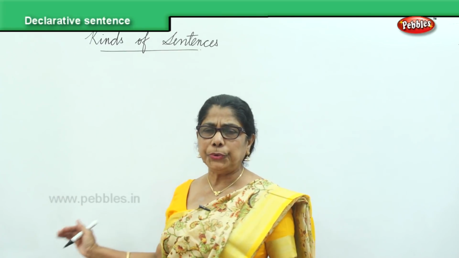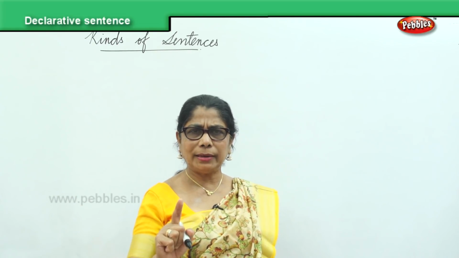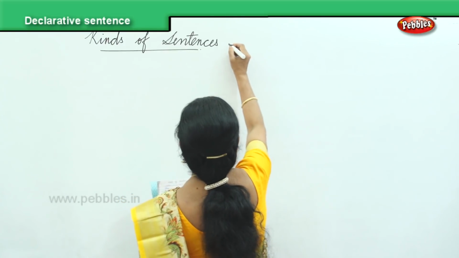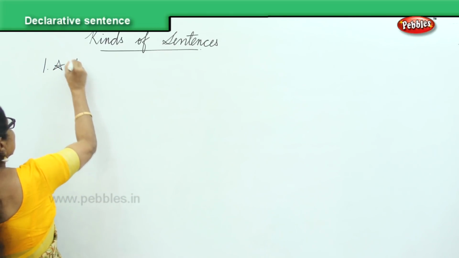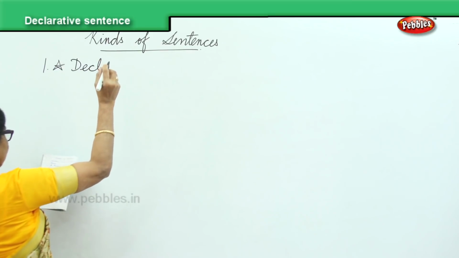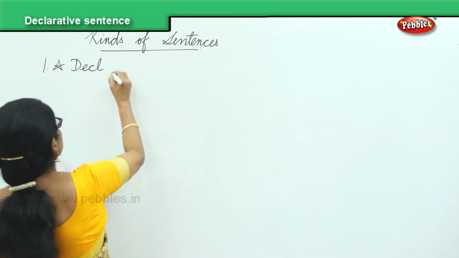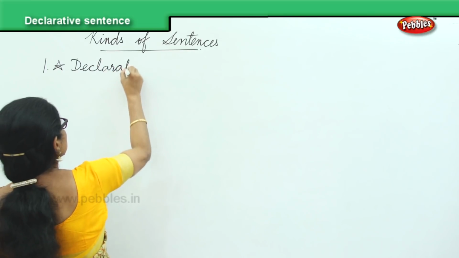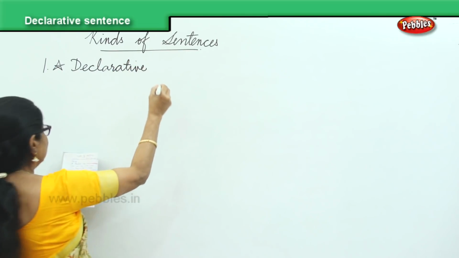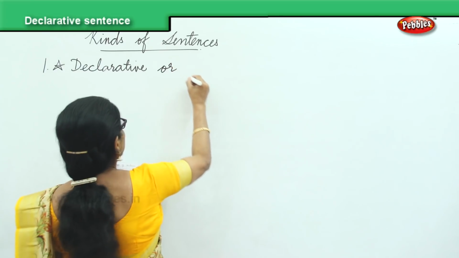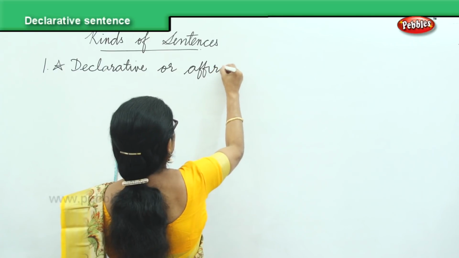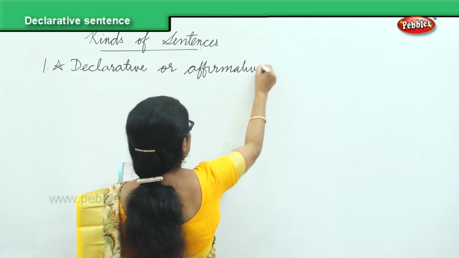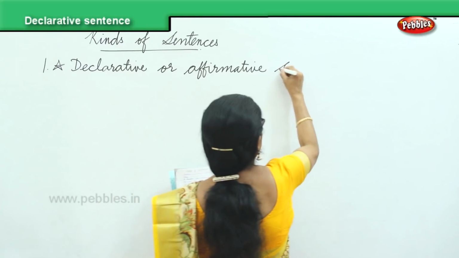So now what we are going to do is, the first one, there are 4 kinds of sentences. The first sentence is declarative. What is the first one? It is declarative or affirmative sentence.